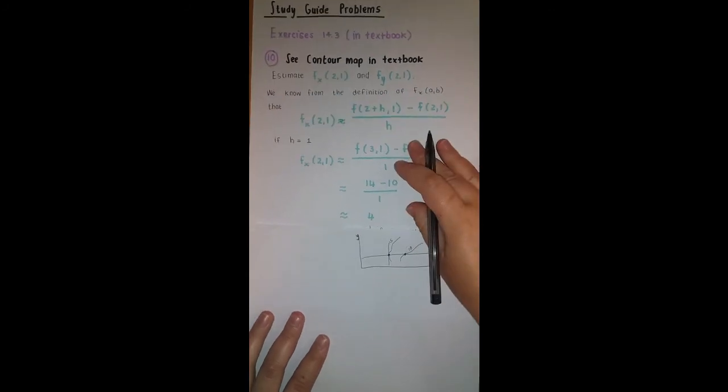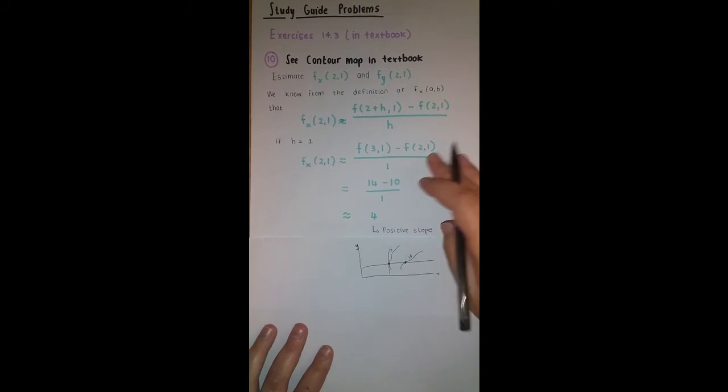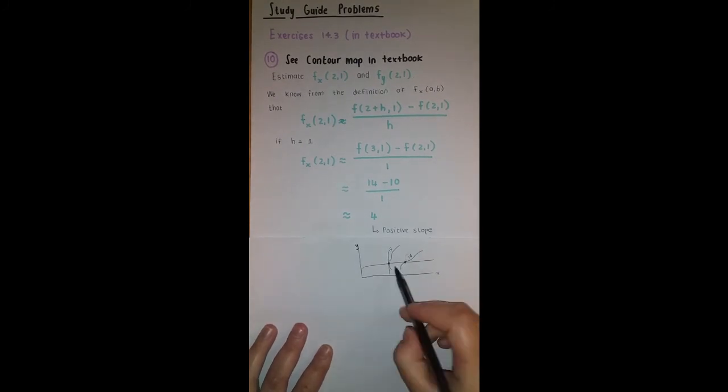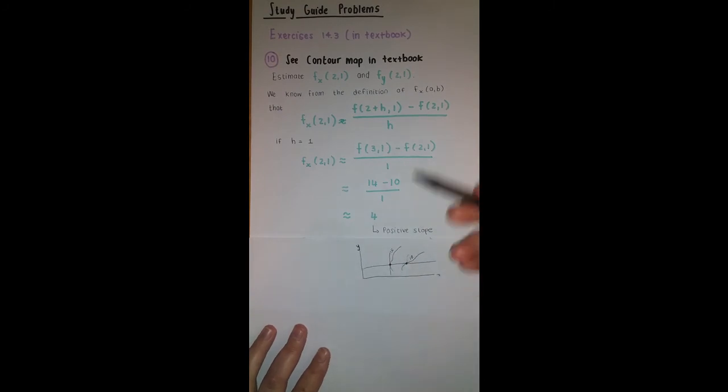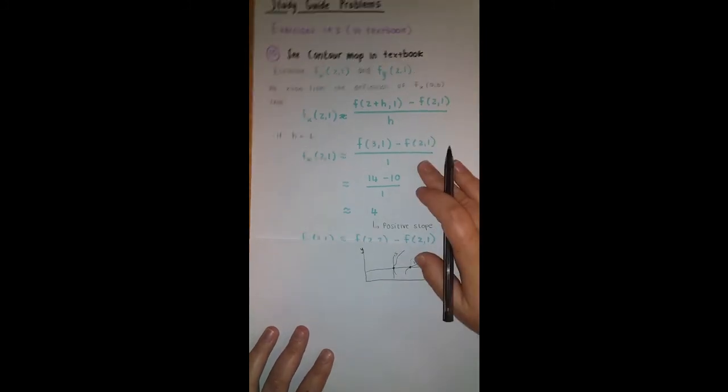Then you'd have an estimated partial derivative in x of 4, which is a positive slope. You can see that as it moves along x on this contour map, it is going upwards.